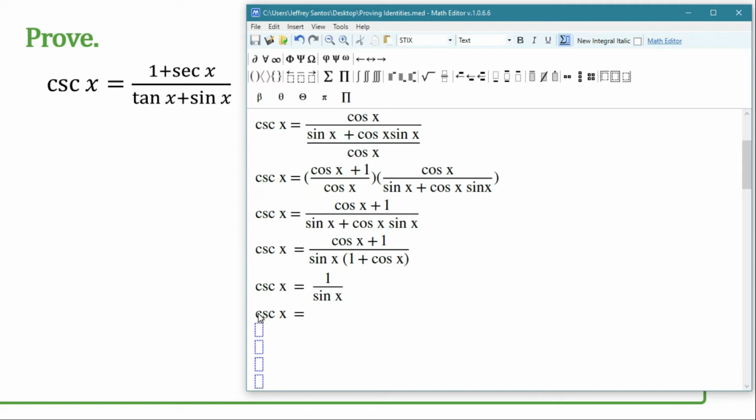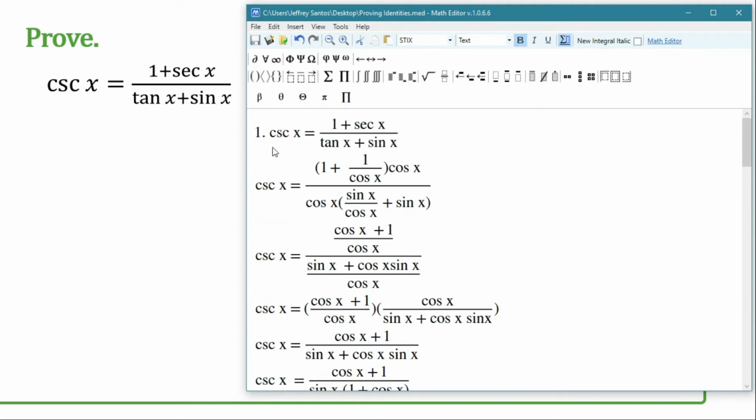Using the reciprocal identity, this is equivalent to cosecant of x. Okay? So, in this example, we have just proved that indeed cosecant of x is identical with 1 plus secant of x over tan x plus sine x.